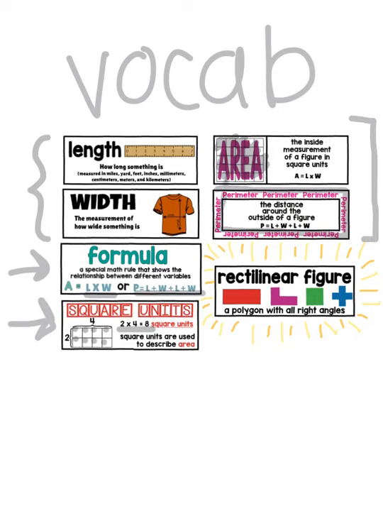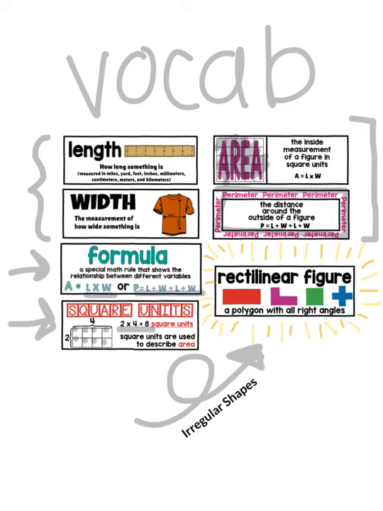Now our new word for today, we've got rectilinear figures. So a rectilinear figure is a polygon with all right angles. So if you look at the 4 examples in this picture, they all are made up of shapes with right angles. So another word that we're going to use for rectilinear figures is irregular shapes.